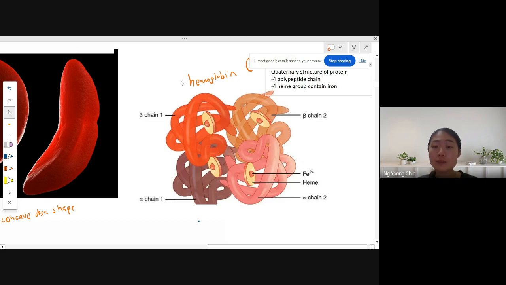So one hemoglobin contains 4 irons, and these irons are able to bind to oxygen. That means one hemoglobin is able to carry 4 oxygen molecules.